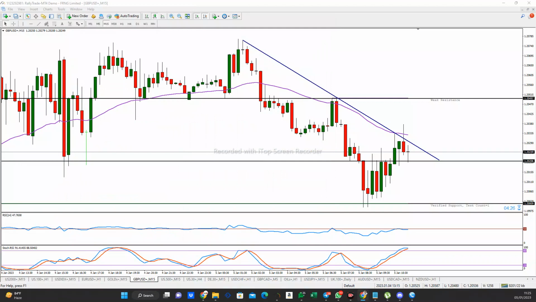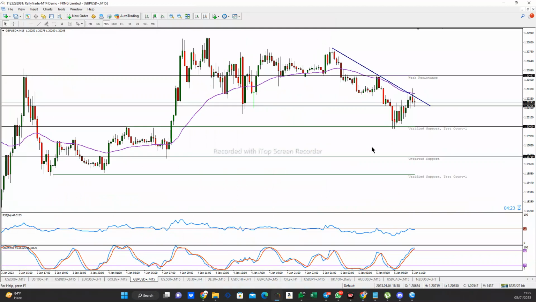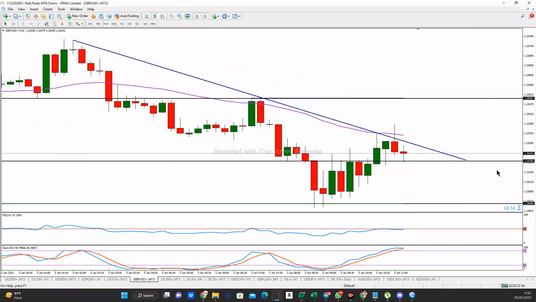But technically, looking at it the way it is right now, at least before 2:15 p.m., once it breaks below this price level of 1.20206, then we should expect it to go down to this verified support. Ideally, for the buy, you expect that once it is able to break above this trend line, above this moving average, and close above the two of them, then you want to take a buy on the next candle.